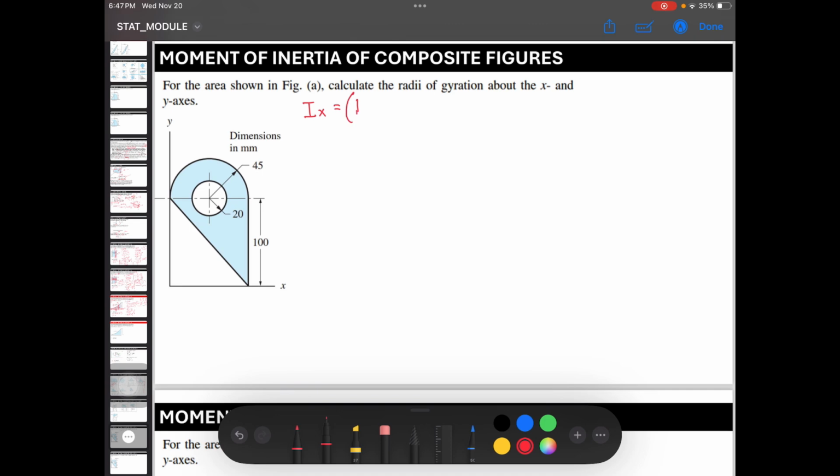Ibig sabihin yan, yung transfer moment inertia niya ng triangle plus AD squared niya. This is for the triangle. Then plus yung semicircle, Ix bar ng semicircle plus AD squared niya. This is semicircle. And then, minus yung Ix bar ng whole circle plus AD squared niya.